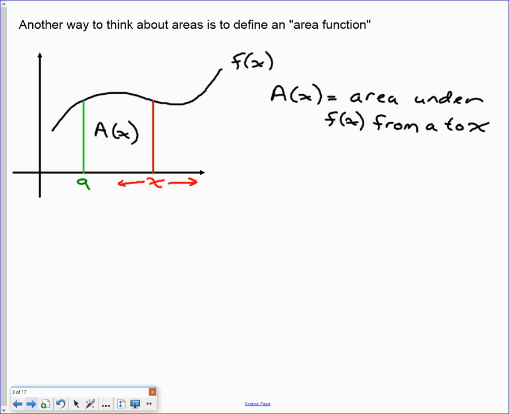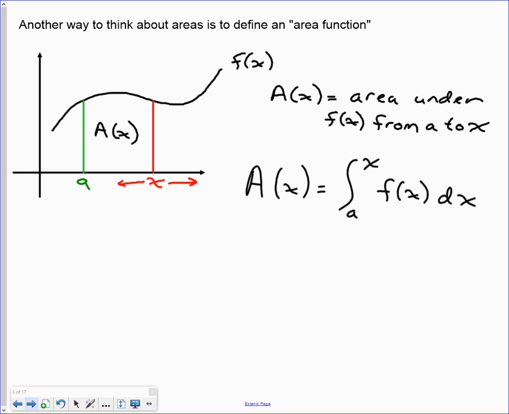Okay. So this function, if we were to write it explicitly, using the notation that we've been developing, we could think of A of x as the integral from a up to x of f at x dx. Just knowing that this integral symbol so far just means the area under the curve from some starting point to some ending point. And what makes this a function is that we have let our ending point here be a variable. As x changes, the area under the curve is also going to change.